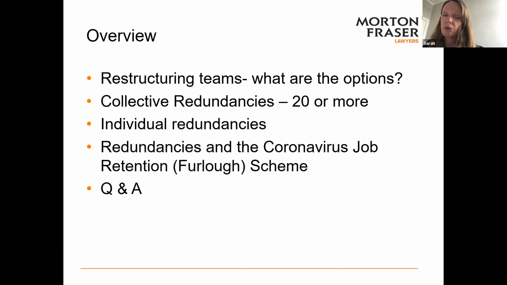And the big thing to remember here are the differences that are involved if you've got 20 or more redundancies. I look in a bit more detail at individual redundancies, i.e. how you deal with individuals going through the process where you've got 20, where you've got less than 20. And then I'll also touch on how you deal with redundancies in the context of the furlough scheme, which I know a lot of organisations are taking advantage of. And hopefully there'll be plenty of time for questions at the end. Next slide, please.